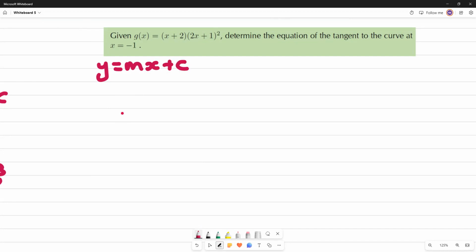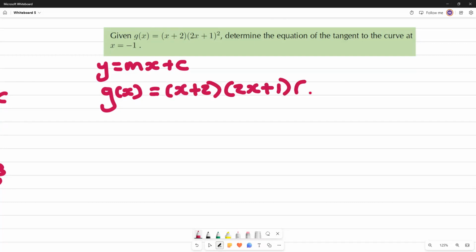Remember, we need to get the m. Let's write g of x down. g of x is equal to x plus 2, 2x plus 1. I'm going to put 2x plus 1 here again because of that square.